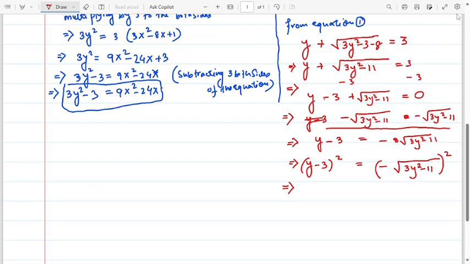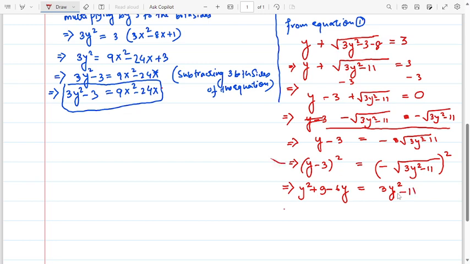Now here we need to simplify all those terms. What will become? y minus 3 whole square is y square plus 9 minus 6y, which is equal to 3y square minus 11.